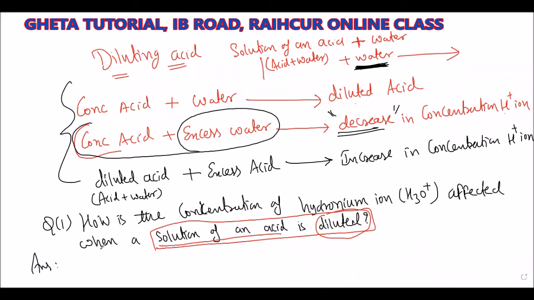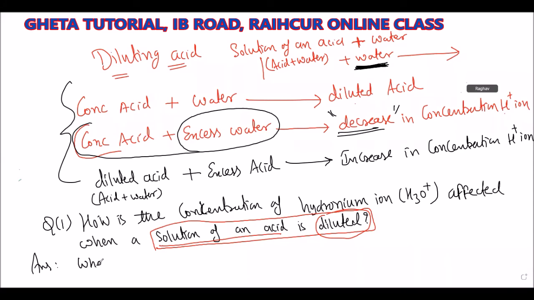Yes, it decreases. And why does it decrease? You know why? Because the volume of the solution increases. If you are adding more and more water, then the volume of the solution will increase. Because of that reason, the concentration of hydronium ion will decrease.